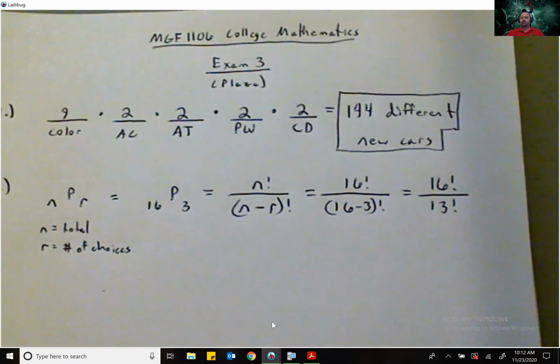Remember, factorials just means that you're taking it from 16 and multiplying all the way down.